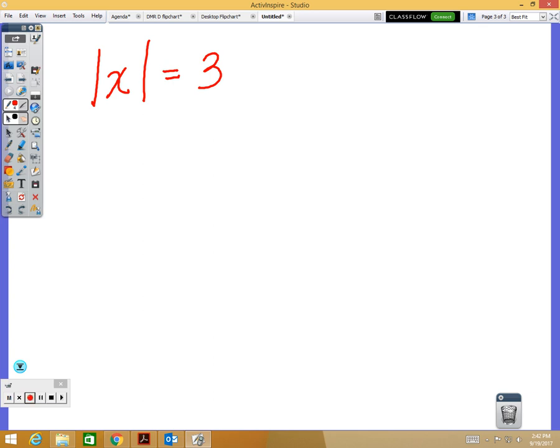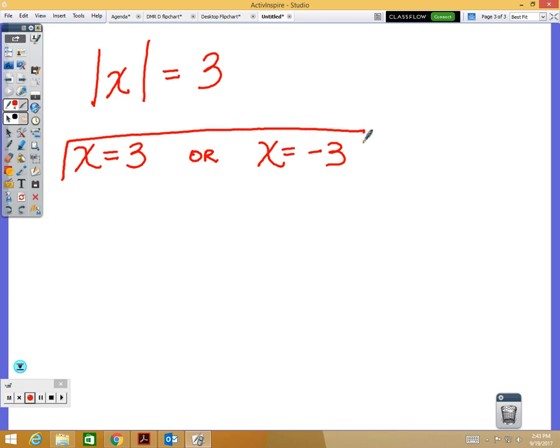That could mean that x either equals a +3 or x can equal a -3. Because right here, I can replace that with a 3 or a -3 and it would equal 3. All right, so that would be your answer. You would have 2 answers for this. So all of the problems today, you're going to have 2 answers for. And they're not always just opposites of each other, all right? But every answer we have today, you're going to have 2 solutions for.